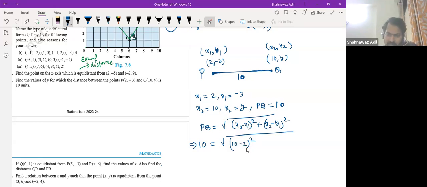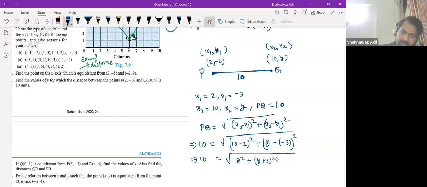So 10 minus 2 whole square plus y2 is y minus of minus 3 whole square. So this would be 10, this is 8 square and this is y plus 3.